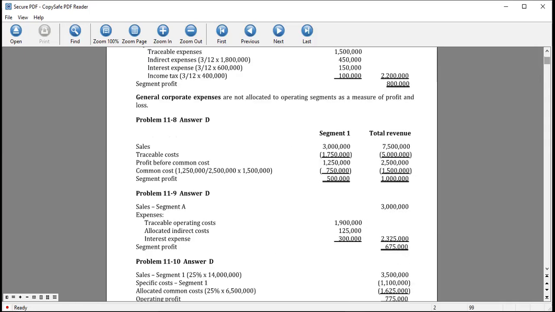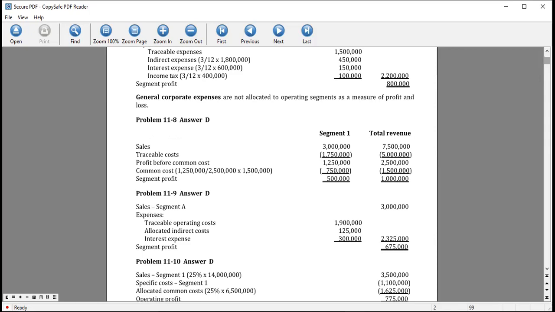Now we go to number 8. What amount should be reported as operating profit for segment 1? Ray Company has 3 lines of business, each of which was determined to be a reportable segment.